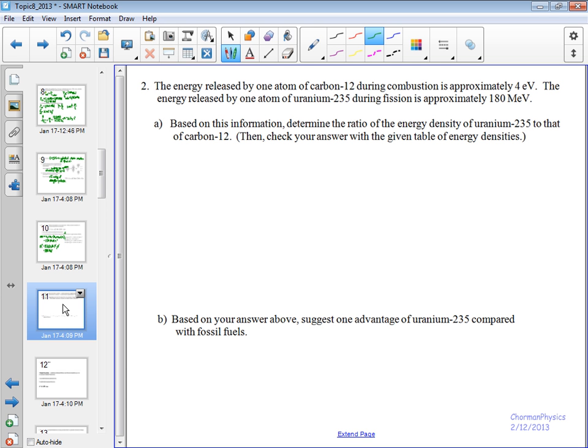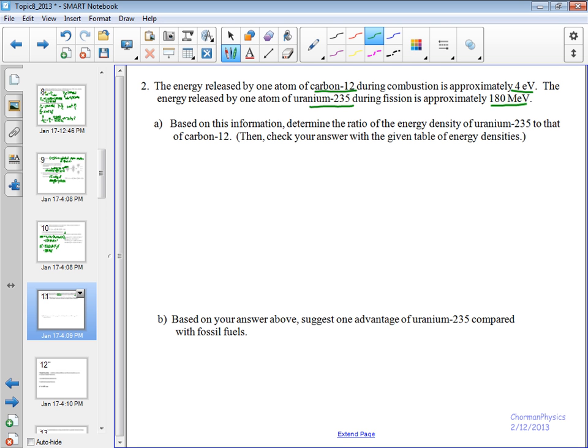So this is a very, very rough, general calculation just to get the idea across here. Based on the fact that if every carbon-12 atom burns, in that process it's going to make 4 electron volts worth of energy, and if every single uranium-235 nucleus fissions, each one of those will make 180 mega electron volts.